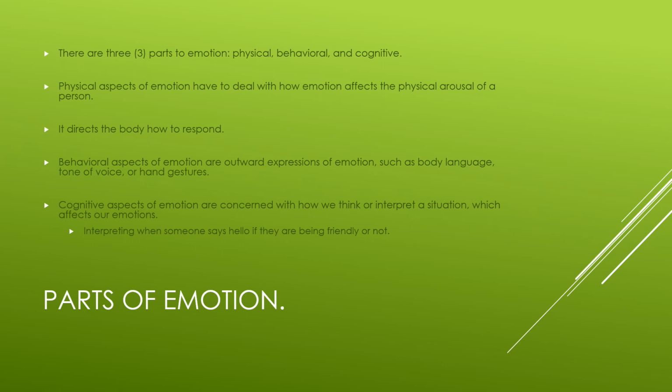So we're interpreting, when somebody comes through the door and says hello, we can tell that maybe they had a bad day at work or school, or something happened on the way home, or maybe they had a good day because they're smiling or seem happy or excited. So again, like interpreting when someone says hello, whether they're being friendly or not. That's our cognitive emotion, knowing that somebody's happy, sad, angry, sick. We can just kind of tell that. That's our cognitive process of emotion.